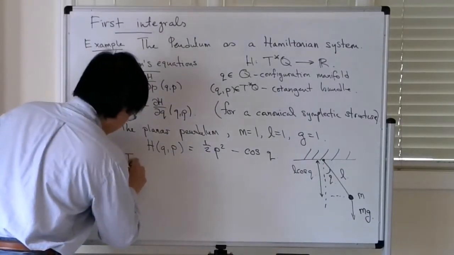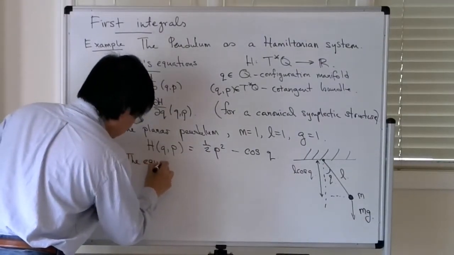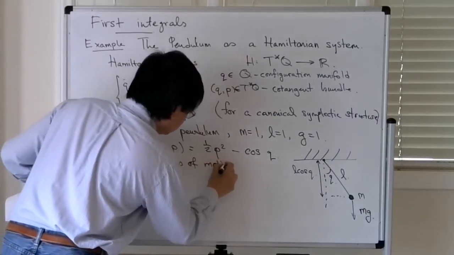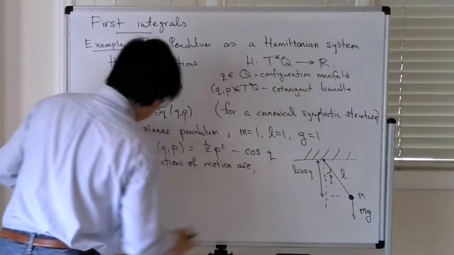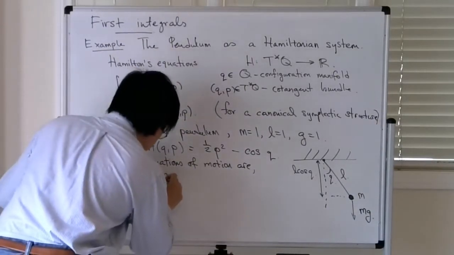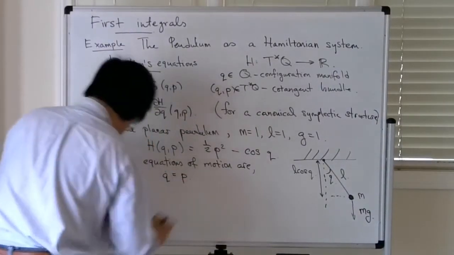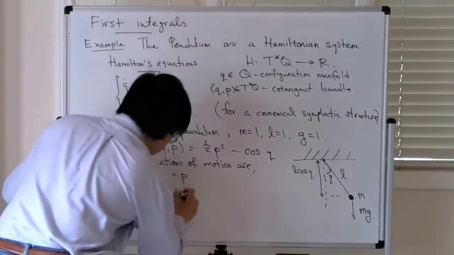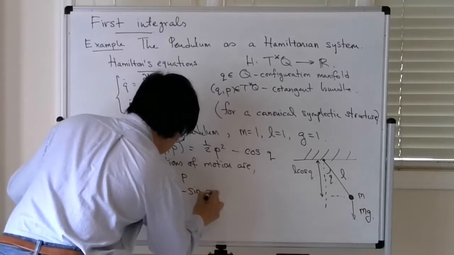The equations of motion are given by Q dot is equal to P, and then P dot is equal to minus sine of Q.